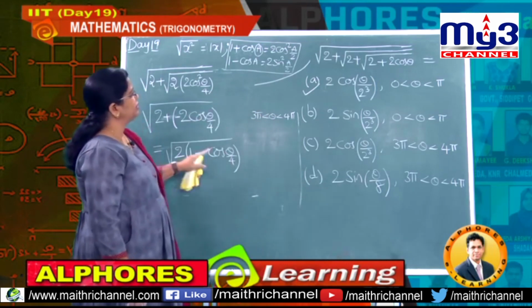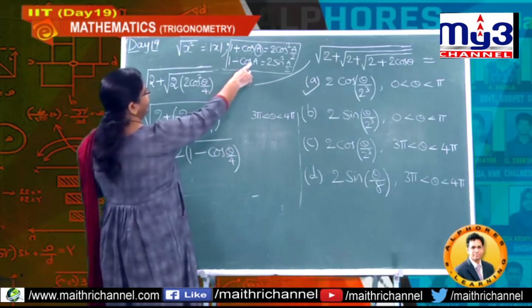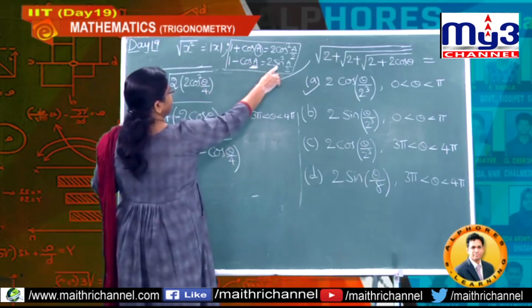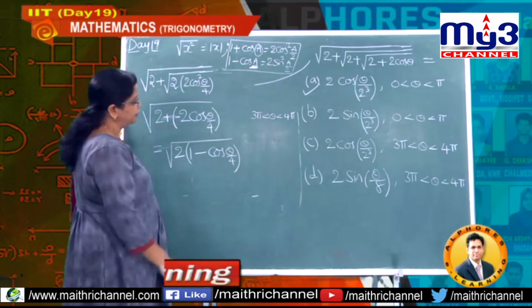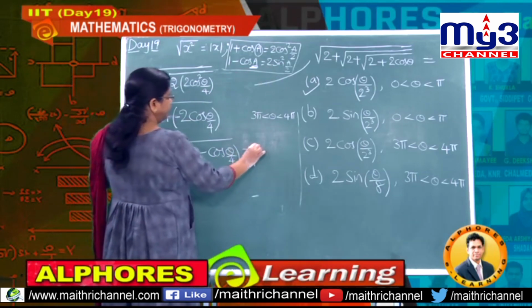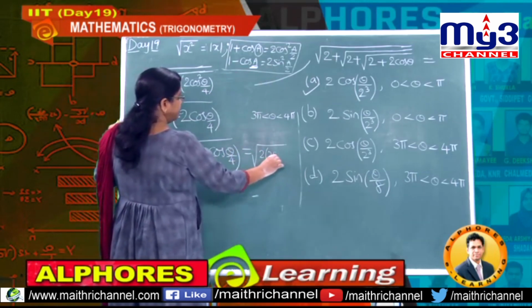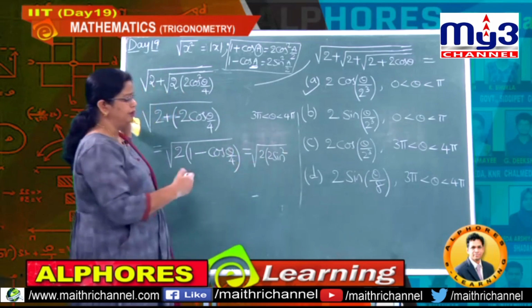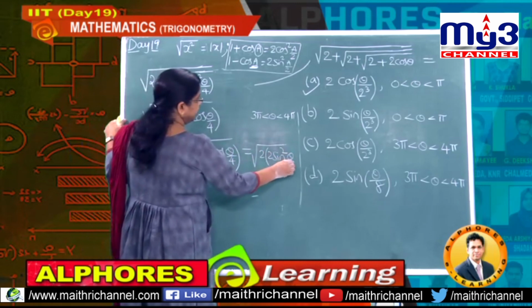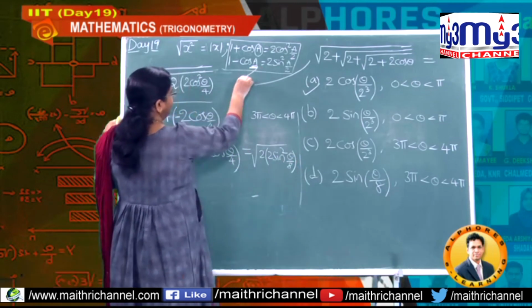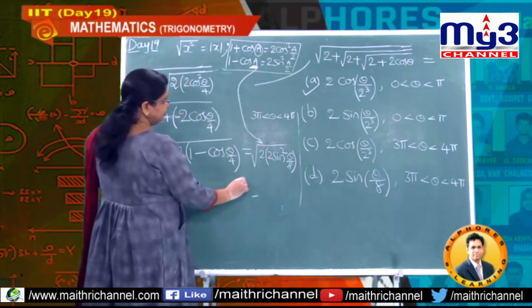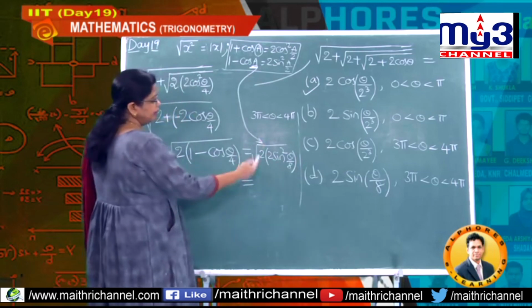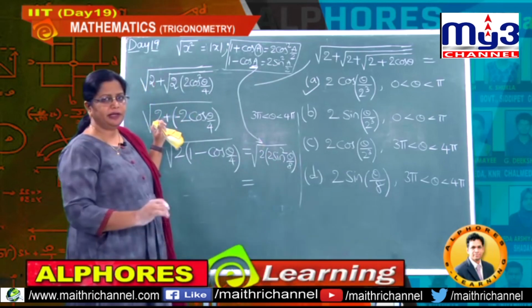So 1 minus cos A, what is the answer? 2 sin square A by 2. Therefore here under root of 2 into 2 sin square theta by 4 by 2, okay, that means theta by 8. And this is the formula we have used here, and thereby finally what about the theta by 8 value, understand.